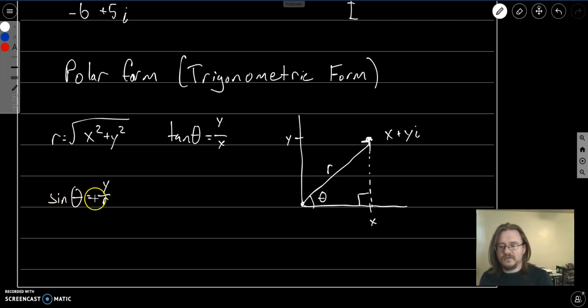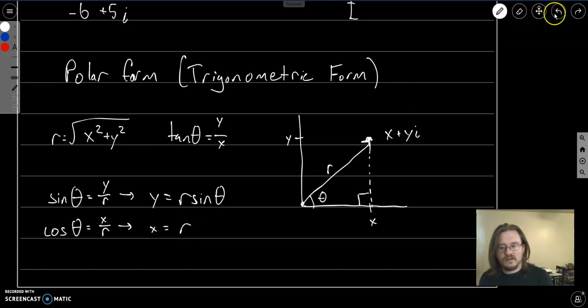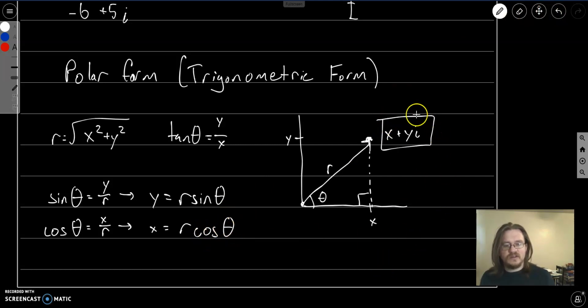So I can solve for y as y is equal to r sine theta. Likewise with x, I can use the cosine. So cosine of theta is going to be equal to x over r. So that means that x is simply going to be r cosine theta.